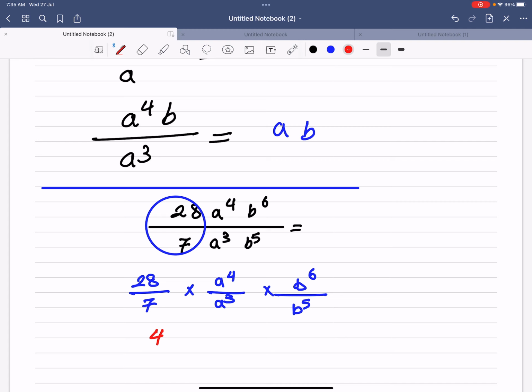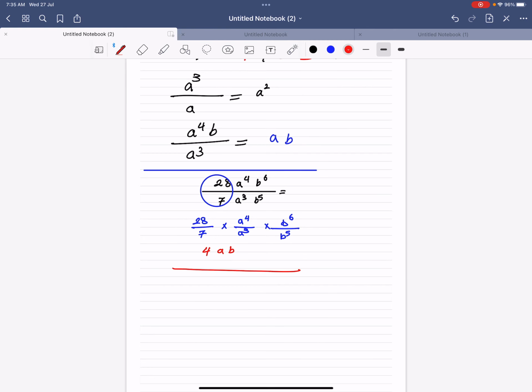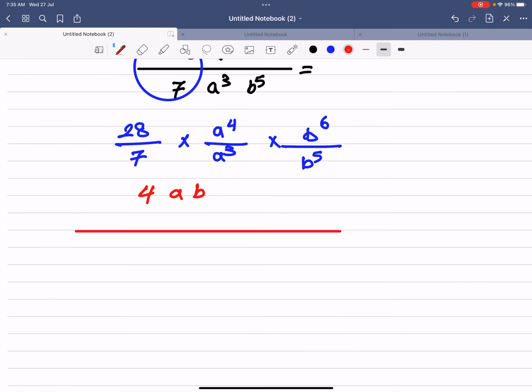You have to subtract the exponent, so you will get a to the power 1. B to the power 6 and b to the power 5, you subtract, it will be b to the power 1, so you ended up with 4ab. The topic is very easy, there's no problem at all; we applied the breaking up, and so we arrived at 4ab.